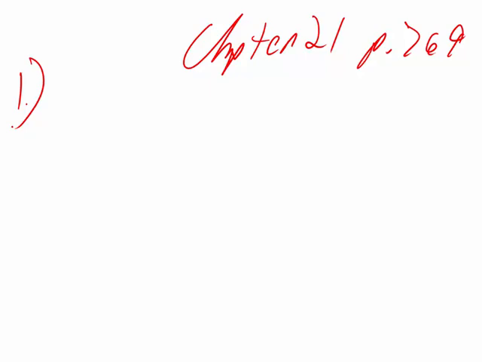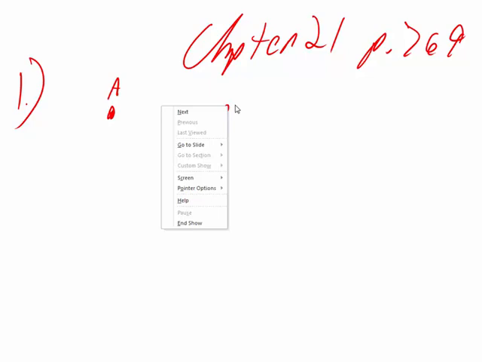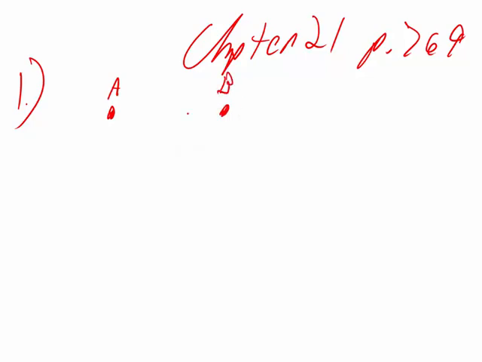Let's draw our points here. So we've got point A and point B. At point A, the voltage at A is 300 volts, and the voltage at B is 150 volts.